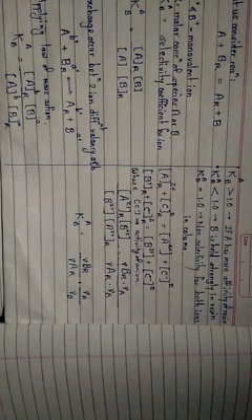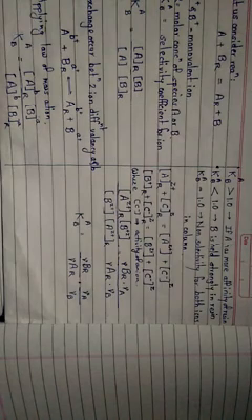The square bracket indicates the molar concentration. So the selectivity coefficient Kab can be evaluated from experimental data for strongly acidic or strongly basic resin.